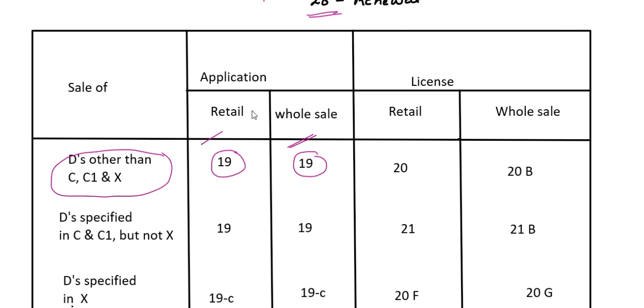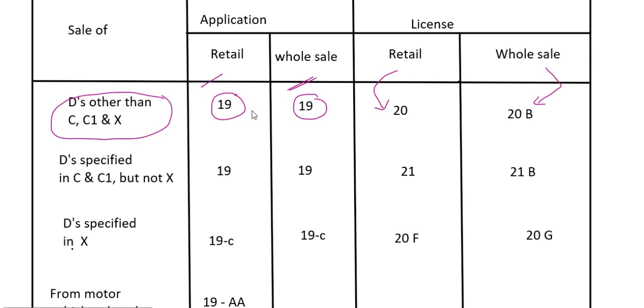Okay, and you will get the license. If it is for retail, it will be 20, and for wholesale, the license will be in form 20B. So if we go to the other one, next is drugs specified in Schedule C and C1 but not in Schedule X. Okay, so other than Schedule X, if it is specifically for C and C1 category, that is biological and special products, the application form will be 19.